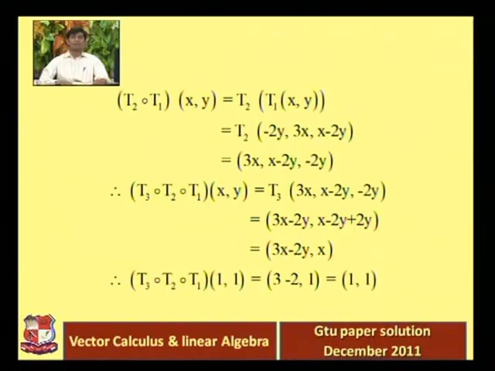T3 T2 T1 of (x,y) is equal to T3 of (3x, x minus 2y, minus 2y), that is (3x minus 2y, x minus 2y plus 2y), so that will become (3x minus 2y, x). So T3 T2 T1 of (1,1) is equal to (3 minus 2, 1), so (1,1).